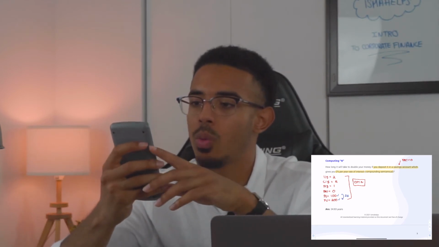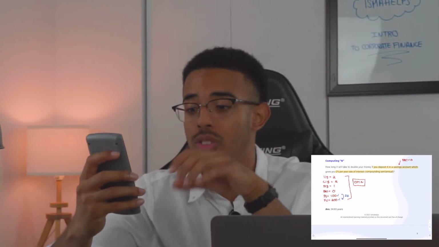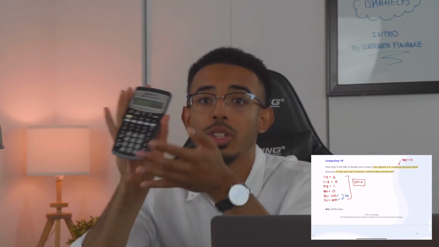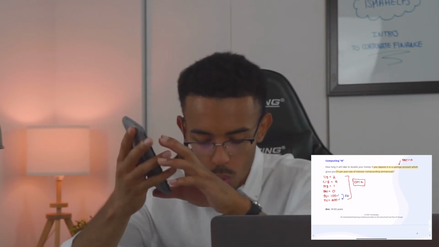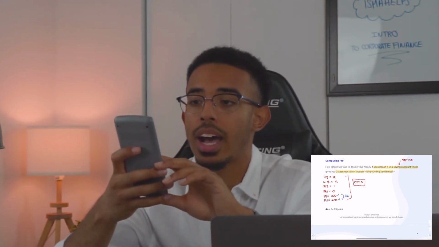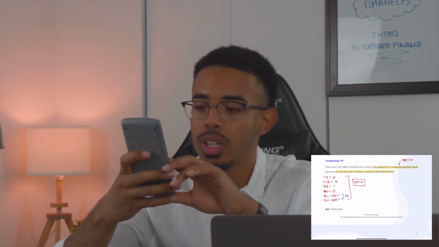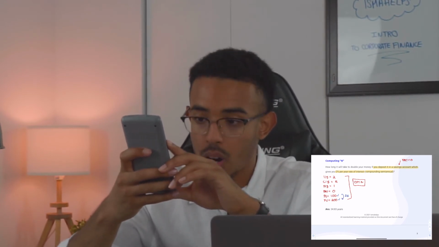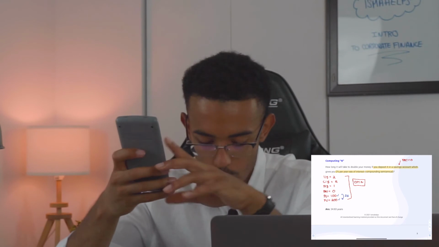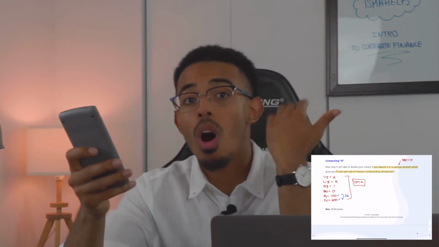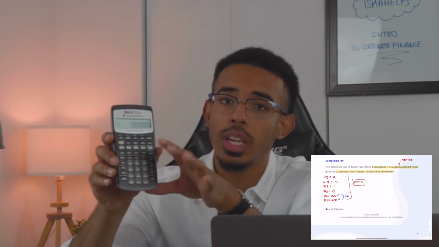Once you're done with that, you could press clear twice to get back to your original screen. Now we want to set our interest as 2, our present value as 100, our payments as 0, and our future value as 200.